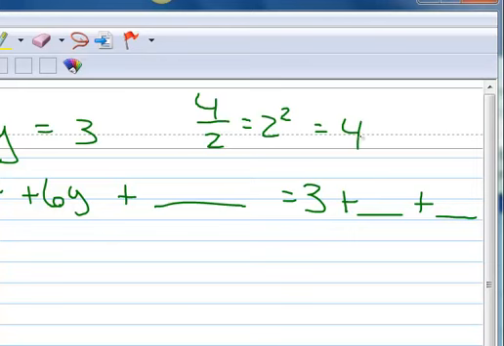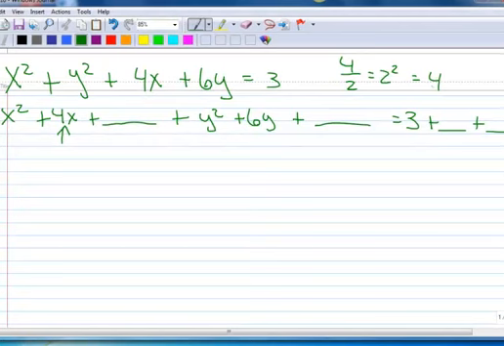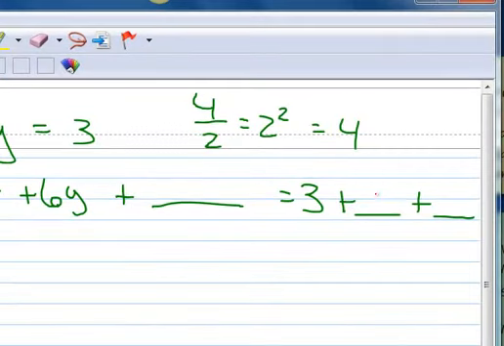Disregard that you're ending up with what you started with, because that's just what happens when you divide 4 by 2 and square it. It doesn't always work out that way. So we took the coefficient of the x term, which is 4, divided it by 2, squared it, and got 4. So I'm going to add it right here, and because I added it to the left-hand side, I have to add it to the right-hand side.